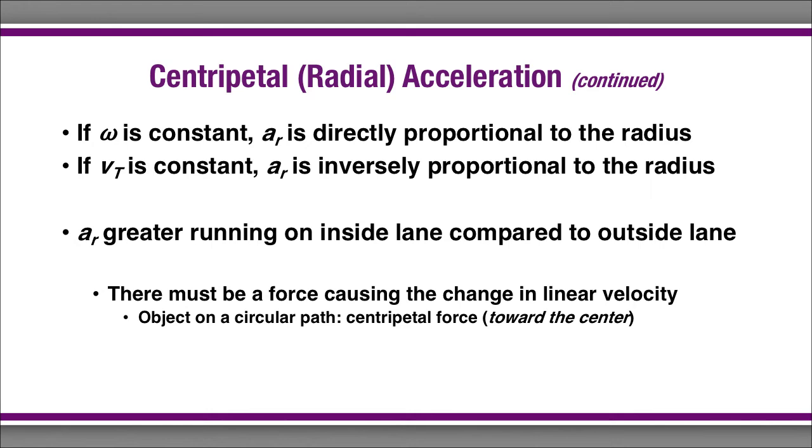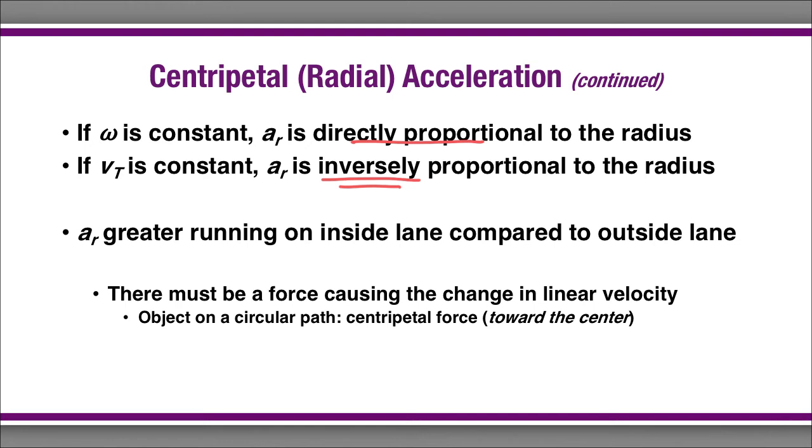So, if angular velocity is constant, radial acceleration is directly proportional to the radius. If tangential velocity is constant, radial acceleration is inversely proportional to the radius. An example of this is having two track athletes running around a standard track.